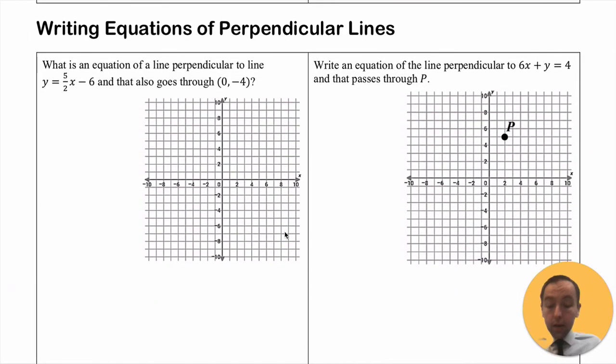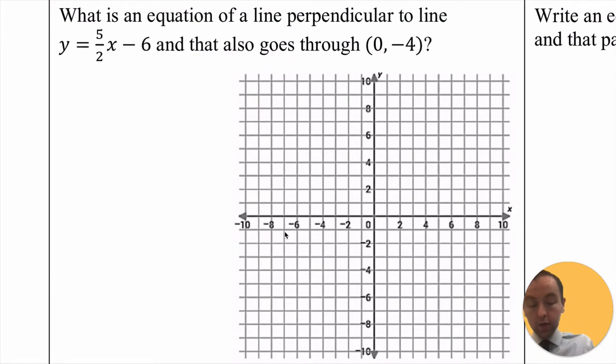And then here now, we are asked for an equation of a line that is perpendicular to the line y equals 5/2 x minus 6, and that also goes through the point (0, -4). It's actually the y-intercept, which is interesting. But we want to be perpendicular now.